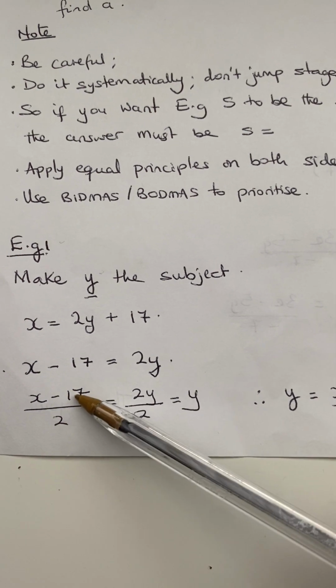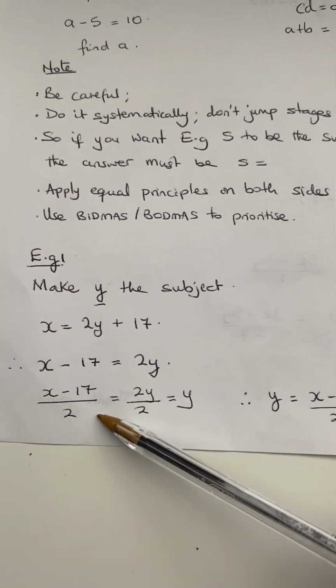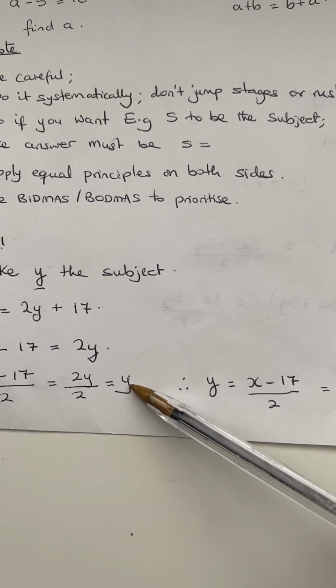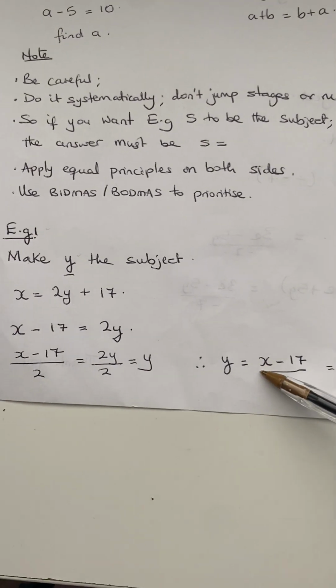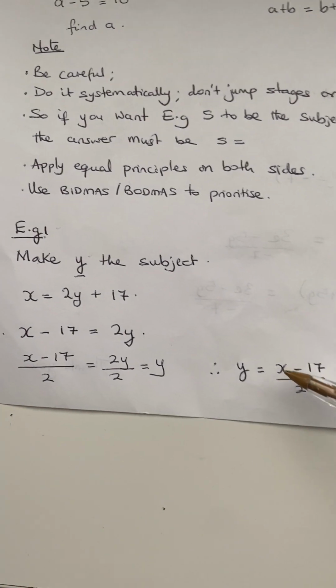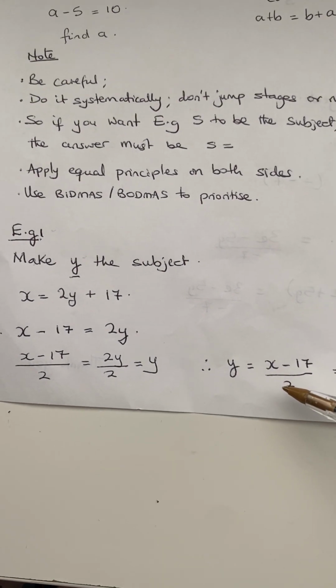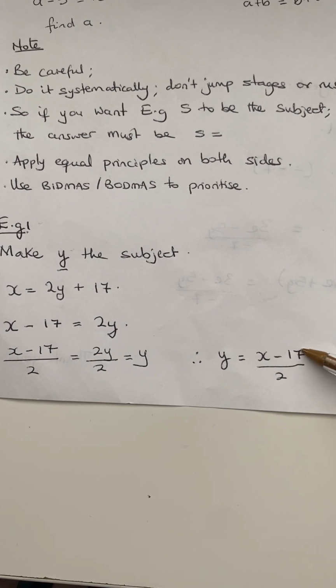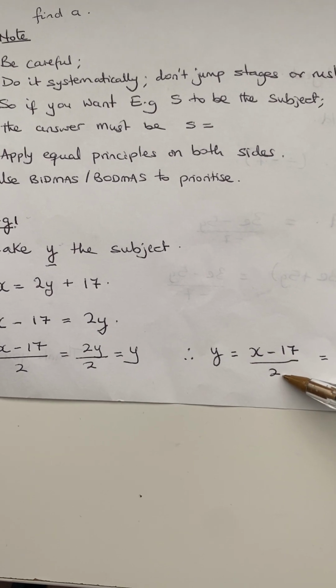So x minus 17 all divided by 2 equals y. So y equals, I'm just changing it around, y equals x minus 17 all divided by 2.